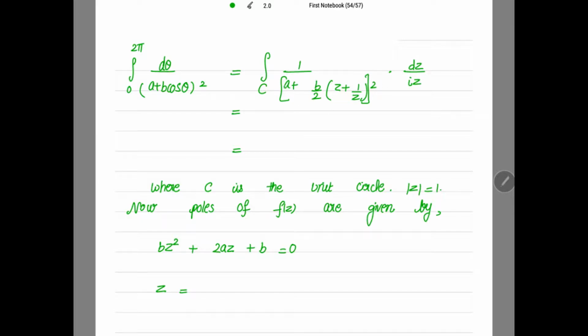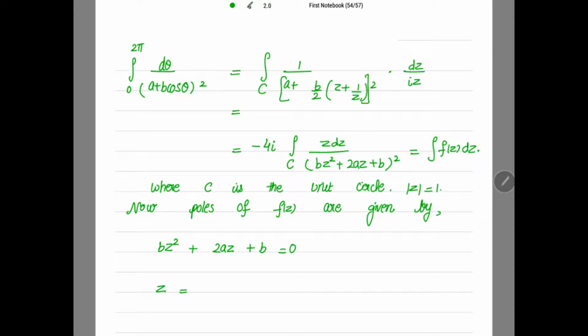When you solve this denominator, you will find minus 4 iota as in your next step, integration z dz over (bz square plus 2az plus b) whole square. And this integral, you just take all over this as your function f z dz, where this c is the unit circle mod z equal to 1.